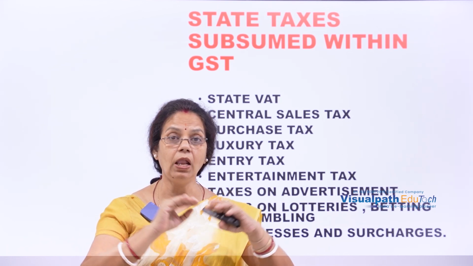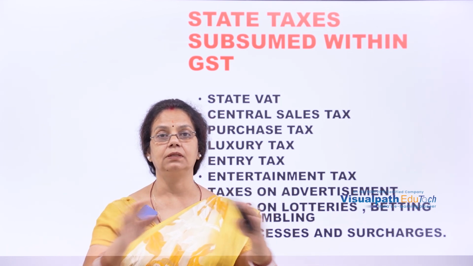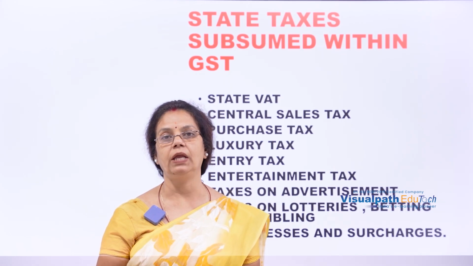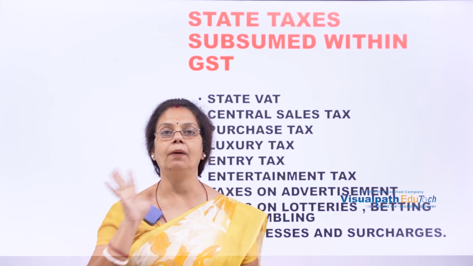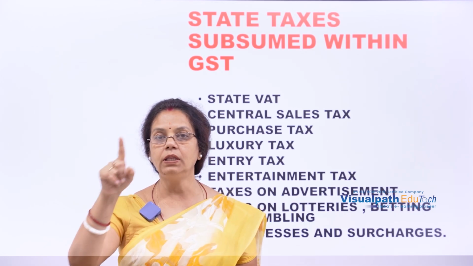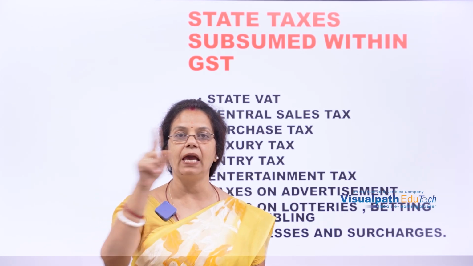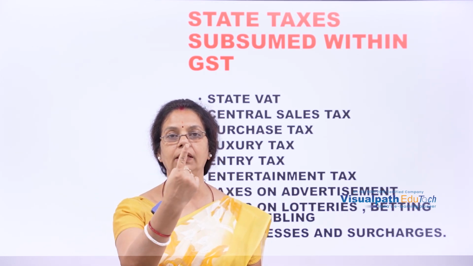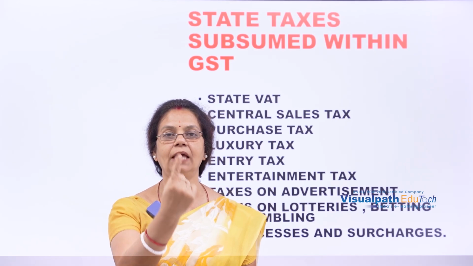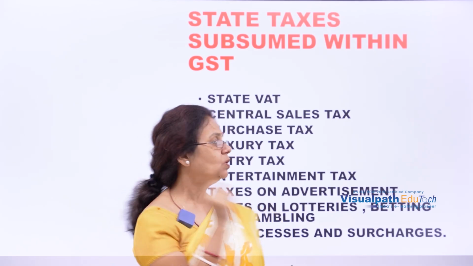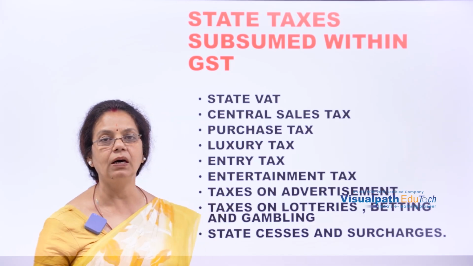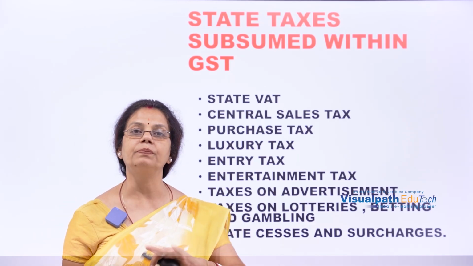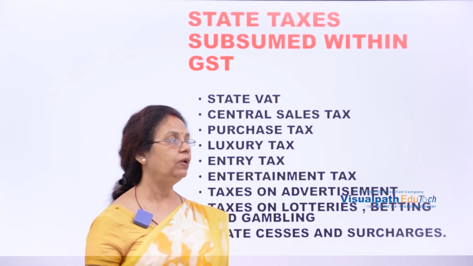But it all has to be submerged, subsumed, which is known in taxation language as subsumed. All these taxes have been subsumed and they have made one tax, GST. Fine. So these are the taxes, the list of the taxes we have to remember, which have been subsumed. Let me read one by one.